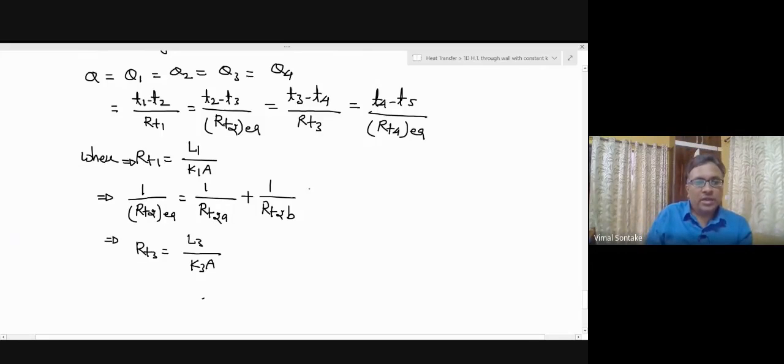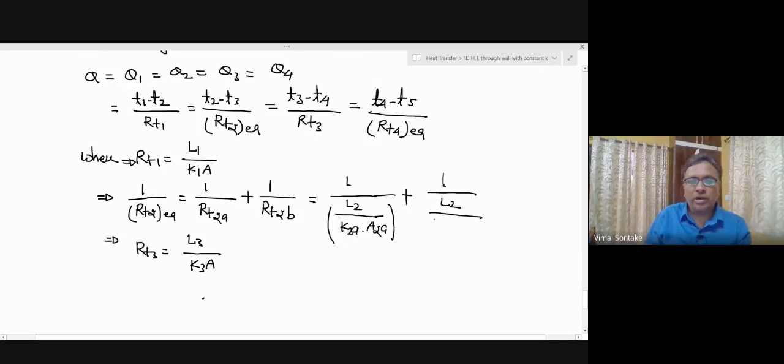And how can I write this further? RT2A is nothing but L2 over K2A into A2A, and RT2B is L2 over K2B into A2B.